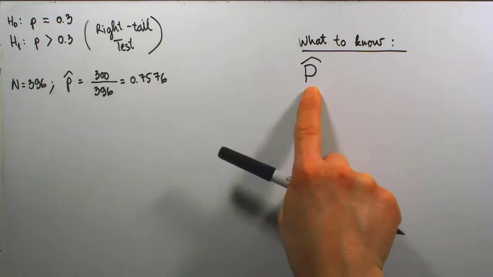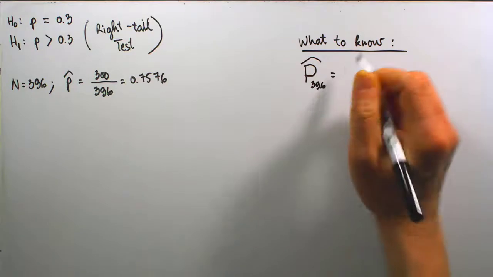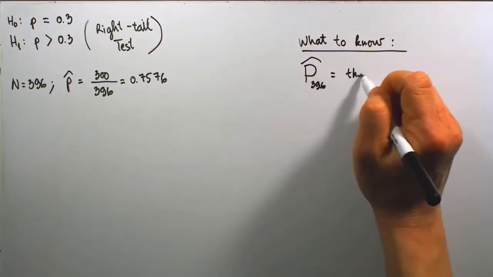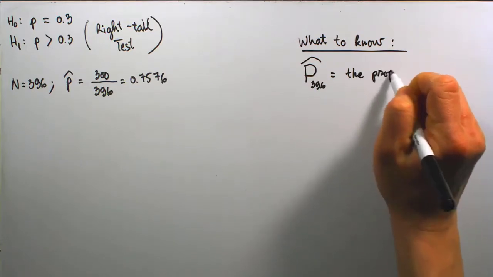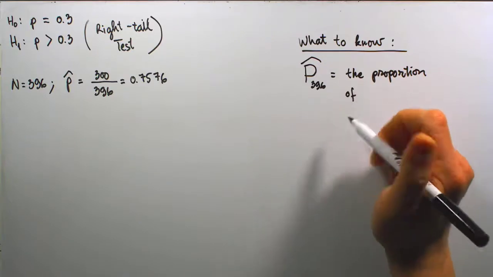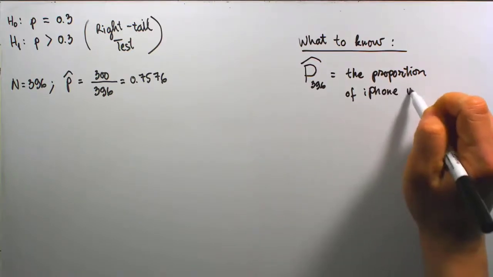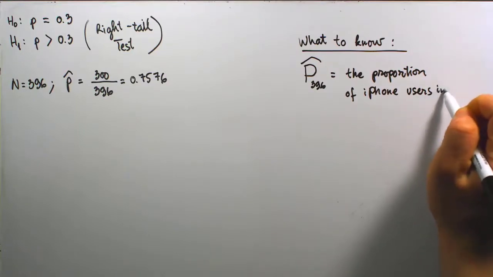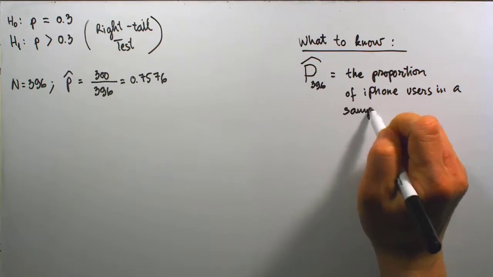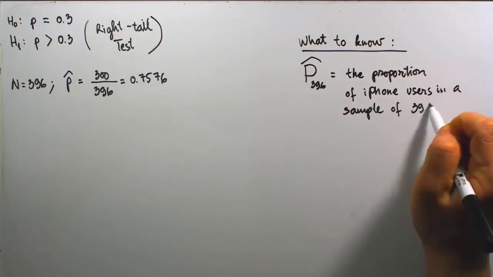Random variable capital P hat 396 represents, so any value for this random variable is the proportion of iPhone users in a sample of 396.